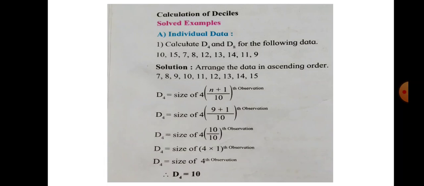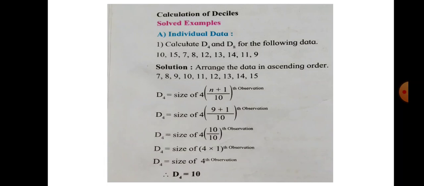Then D4 is equal to size of 4 into (10 upon 10)th observation, then size of 4 into 1, then size of the fourth observation.